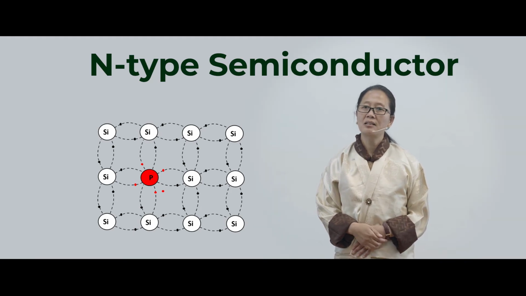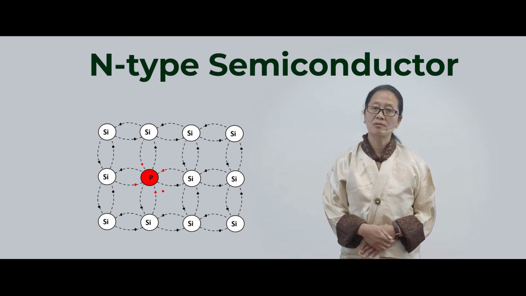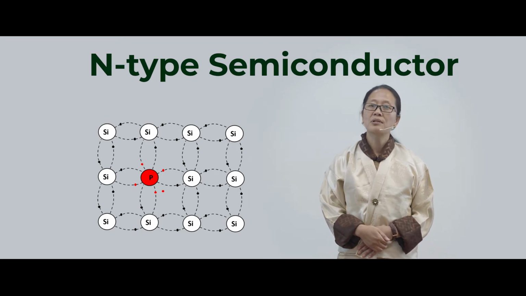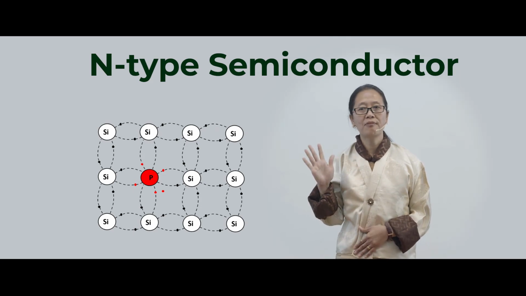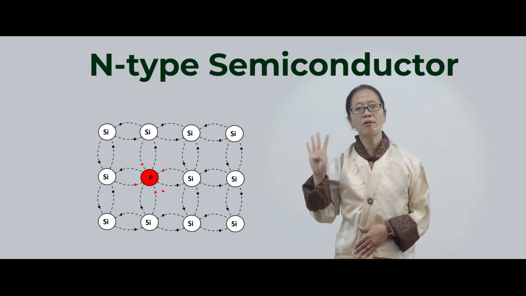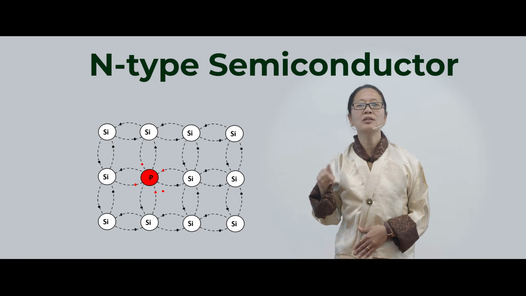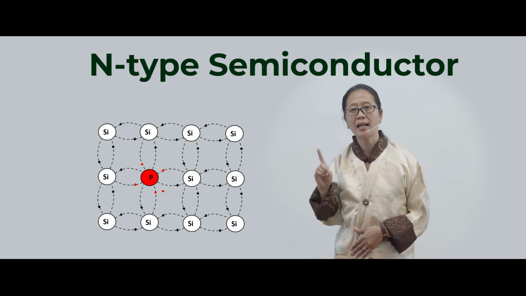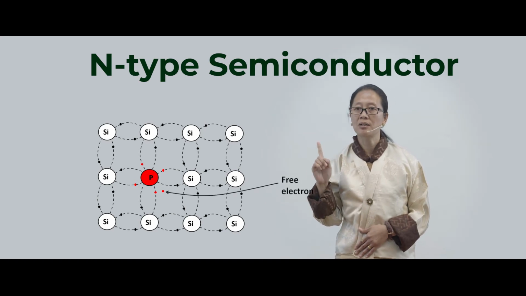Now the pentavalent impurity atom added here is phosphorus. Phosphorus has 5 valence electrons. They belong to 5th group in the periodic table. So out of these 5 valence electrons, phosphorus uses 4 valence electrons in forming 4 bonds with the 4 neighboring silicon atoms. Now it is left with 1 electron.